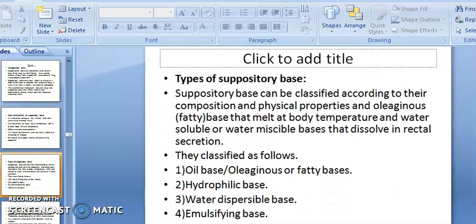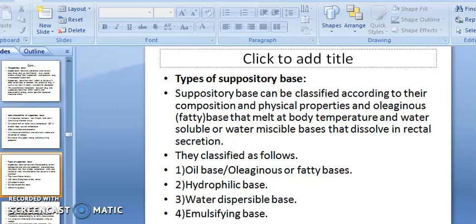Then types of suppository bases. Suppository bases can be classified according to their composition and physicochemical properties. Oleaginous fatty bases that melt at body temperature, and water soluble or water miscible bases that dissolve in rectal secretion. These suppository bases are classified according to the physicochemical property, that is oleaginous as well as water soluble and water miscible.